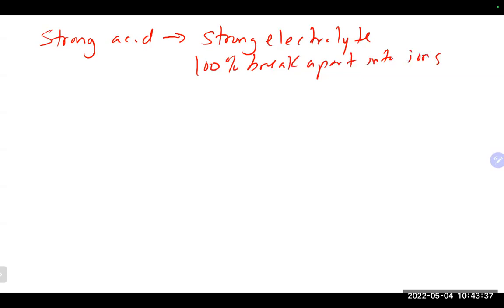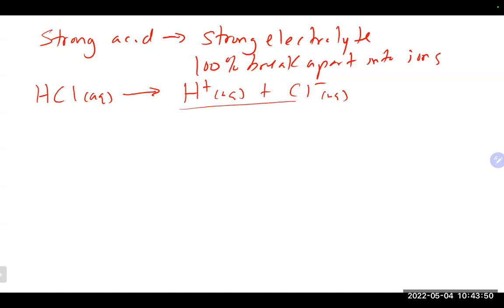So hydrochloric acid here is a strong acid. When it is in solution, it will 100% break apart into H plus and Cl minus. Floating around in that solution is everybody on the right-hand side here. You have no HCl units still together when it's in solution.